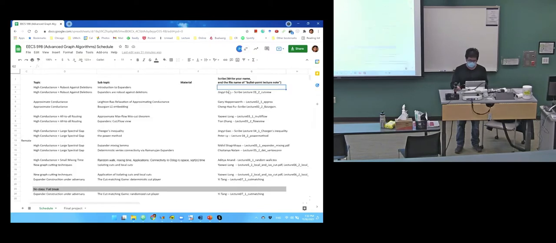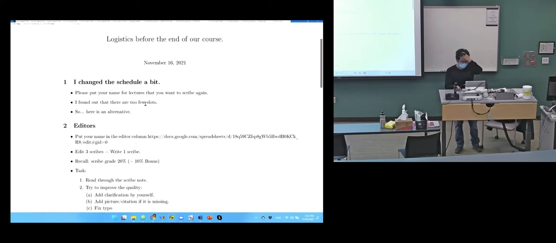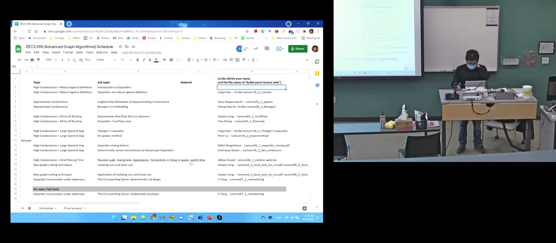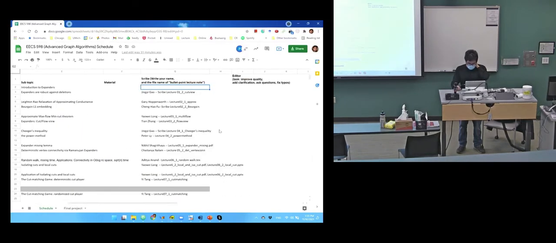But even with this, it seems there are too few slots for everyone to scribe. So here is an alternative. You can put your name in the editor column, which is here. For each lecture, you can put your name here.